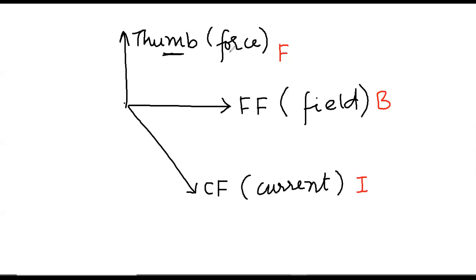Is that clear? Right. Now, if we are going to talk about the other rule that I had put up in the learning objectives, that is our right hand palm rule. Why are we moving into right hand palm rule?